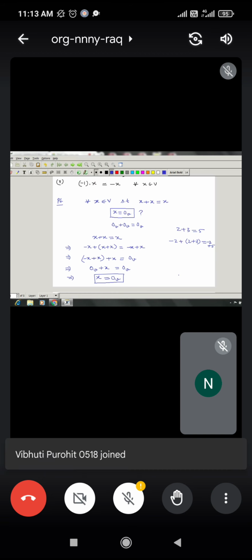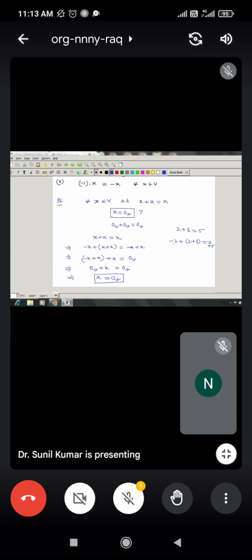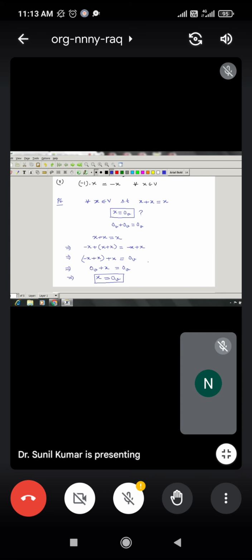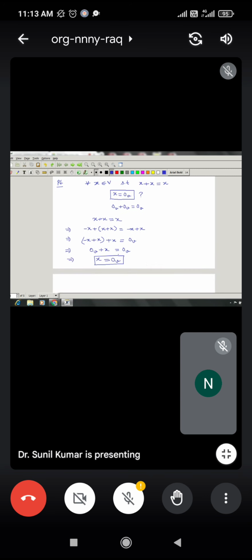Using the associativity property, minus 2 plus 2 is 0, 0 plus 3 is 3, and 5 minus 2 is 3. Is it clear? Yes, sir. So what is the suitable value for x plus x equal to x? x equal to 0v.